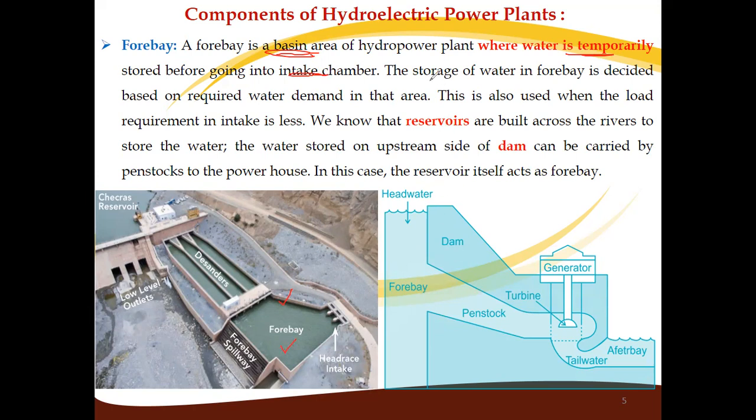The storage of water in the forebay is decided based on the requirement of water demand in that area. How much water is stored in the forebay is based on that water demand.